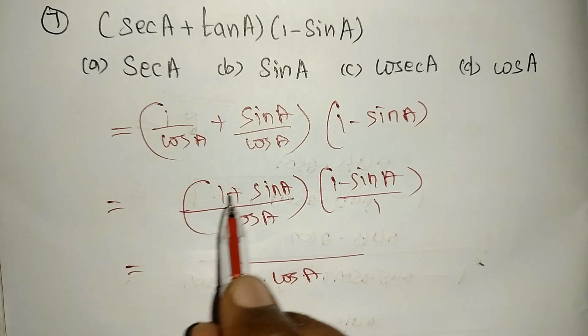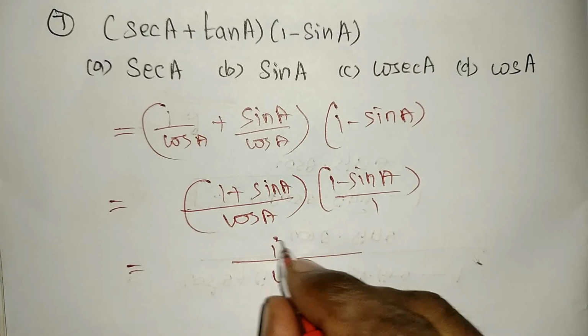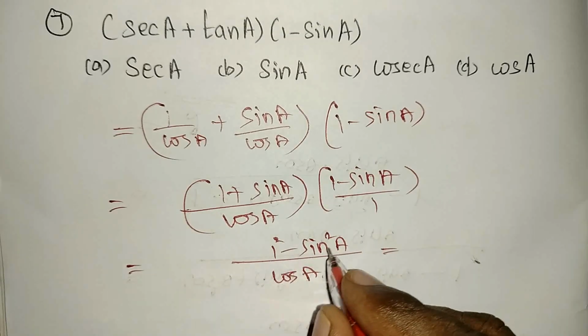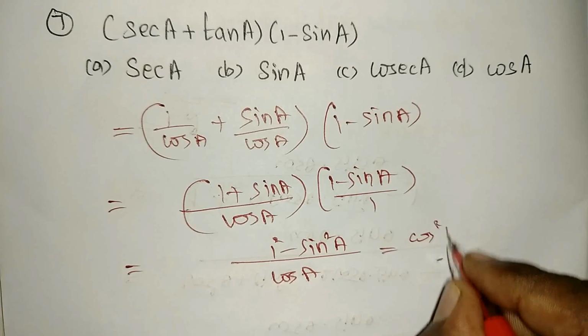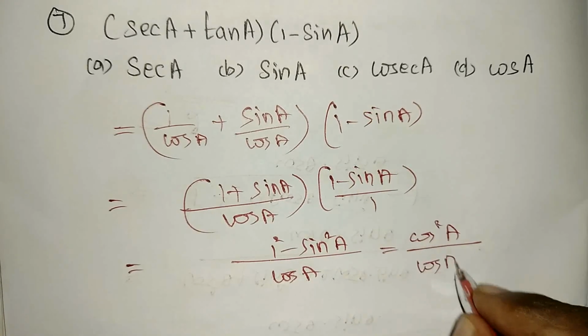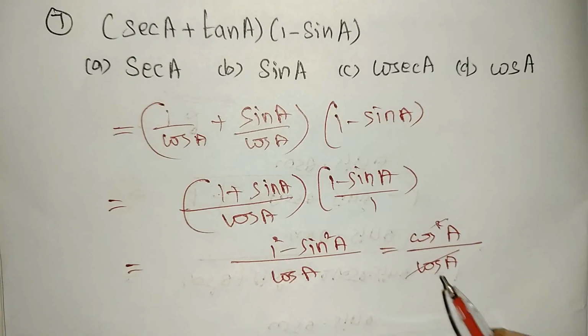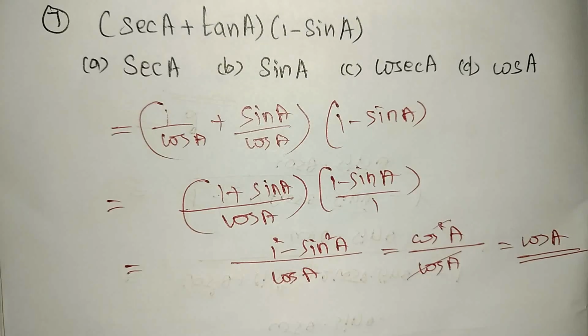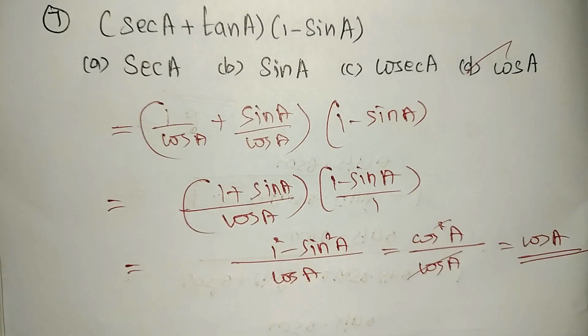So this is in the form of A plus B into A minus B. So 1 square minus sin square A. So 1 minus sin square is equal to, we know, cos square. So cos square A I'm writing. And next, this cos A we have in the denominator. So the square and this will be cancelled. Remaining we have cos A. Where do we have cos A? Option D. That's it.